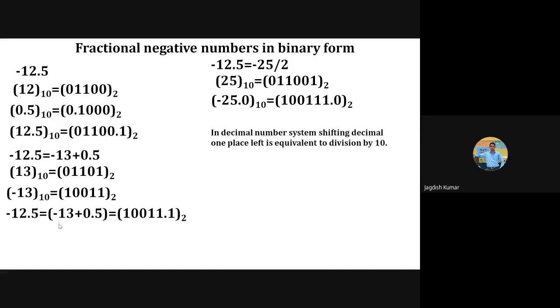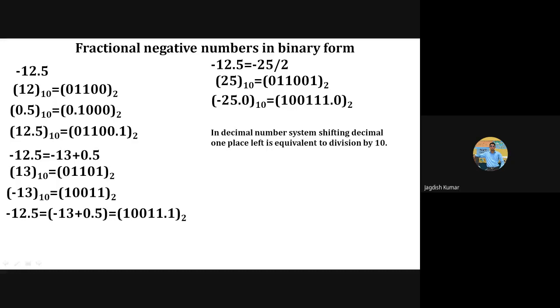In decimal number system, if you have a number and shift the decimal to the left hand side, what is that equal to? That is equal to dividing a number by 10, isn't it? For example, suppose we have a number like say 43125.6, correct?